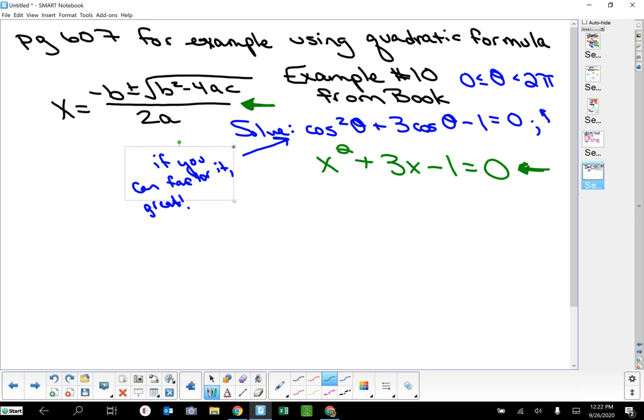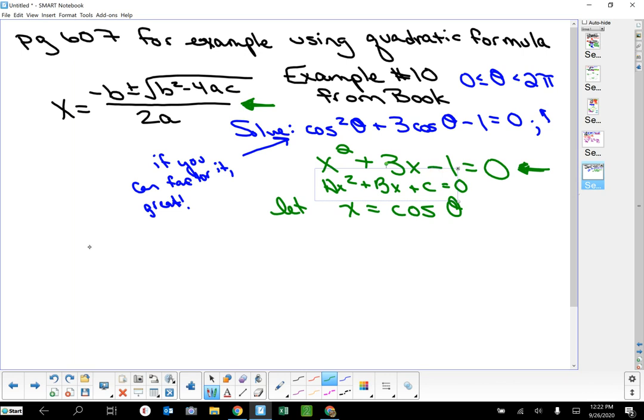So we're basically letting x equal cosine here. Remember that these are in the form ax squared plus bx plus c. So our a is 1, our b is 3, our c is negative 1.